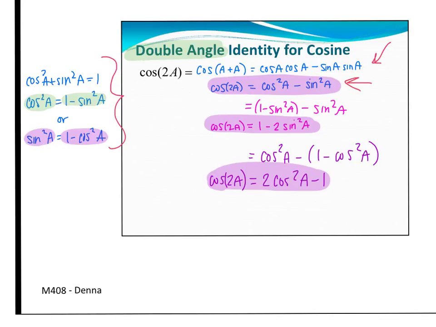So in this second formula, you'll see that we replaced the cosine squared a with 1 minus 2 sine squared a and then simplified, giving us equation 2. And then in our third formula, we replaced the sine squared a with 1 minus cosine squared a, giving us our third formula down below.